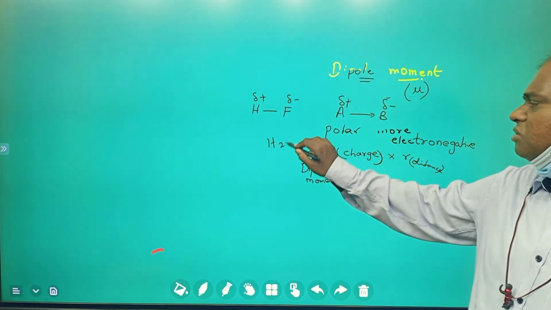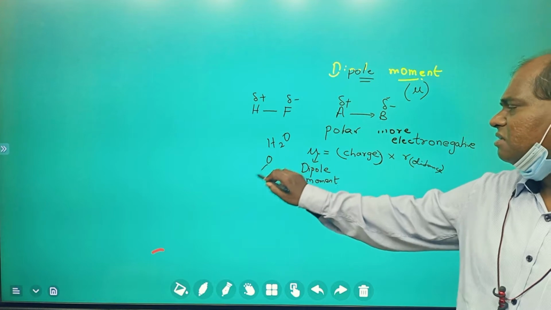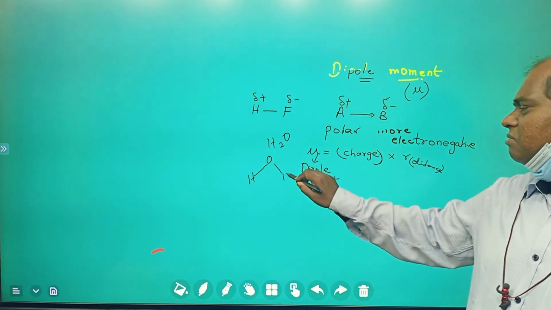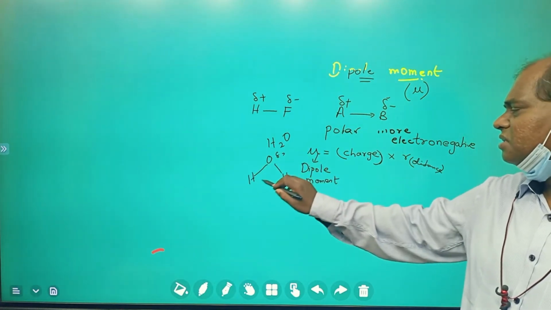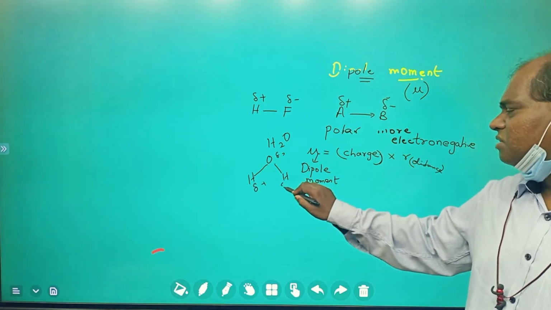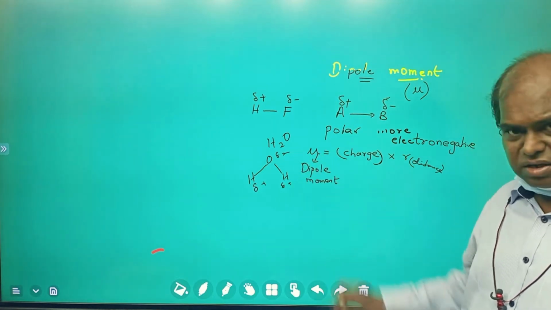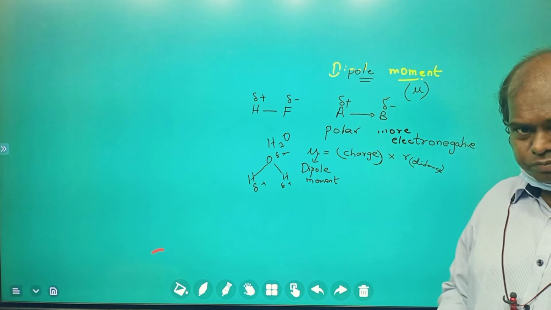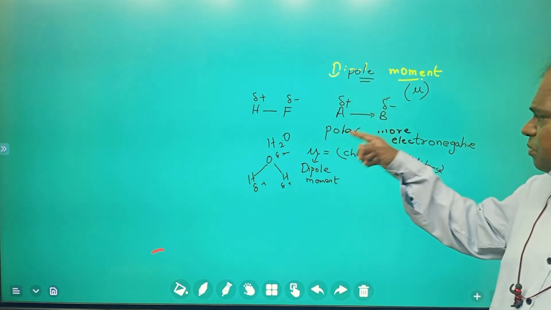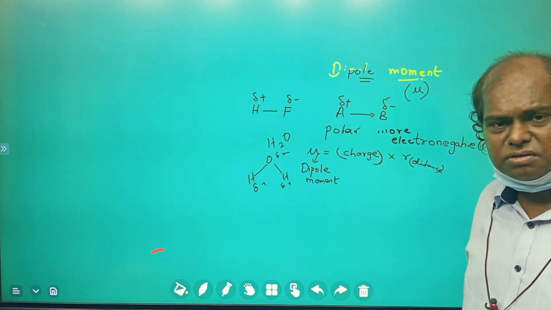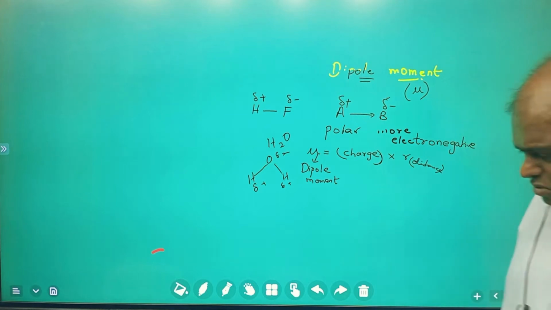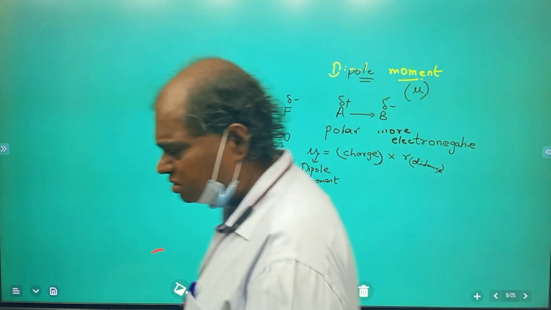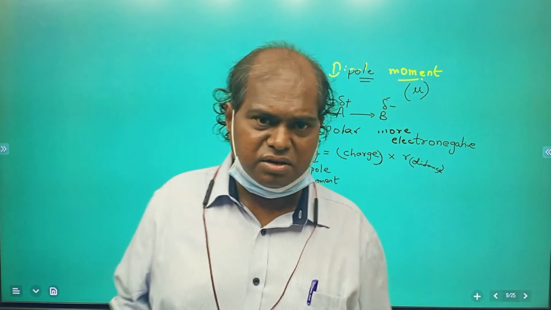Now in water also you have got plus minus. Hydrogen will be plus, oxygen will be minus. So this is a polar solvent. If this molecule is polar, it will dissolve in polar solvent. So it will help us to decide whether it will dissolve in water or not.